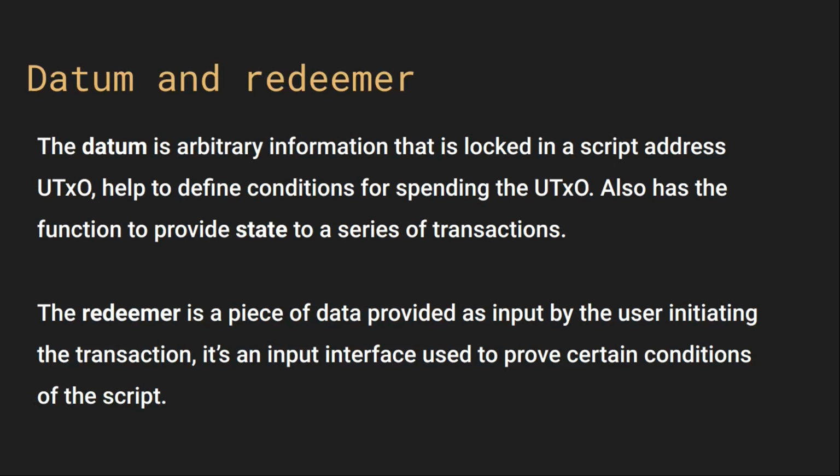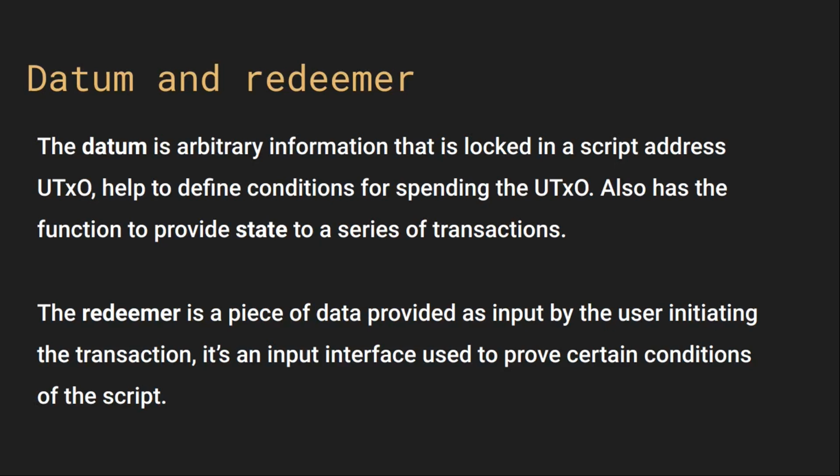Before we jump into the explanation of the smart contract, it's good to see a quick recap about these two important concepts. The datum is arbitrary information that is locked in a script address UTXO, and it helps to define the conditions for spending or unlocking this UTXO.